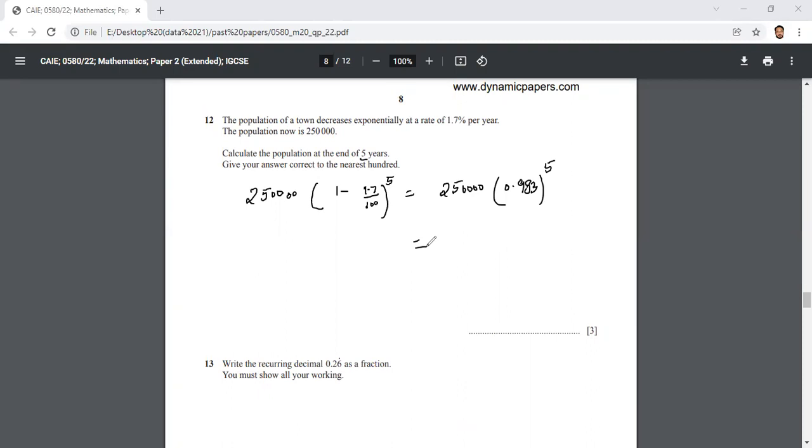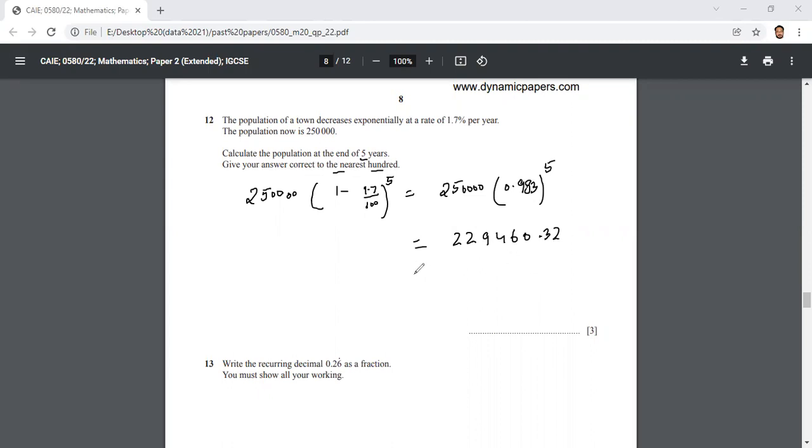Multiply by 250,000. It gives us answer 229,460.32. But anyhow, we have to write answer, give your answer correct to nearest 100.